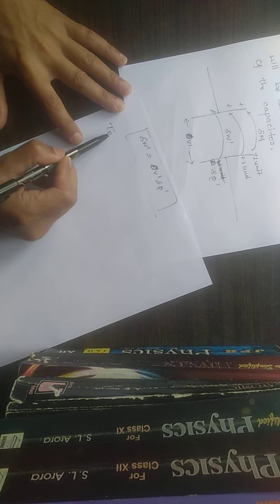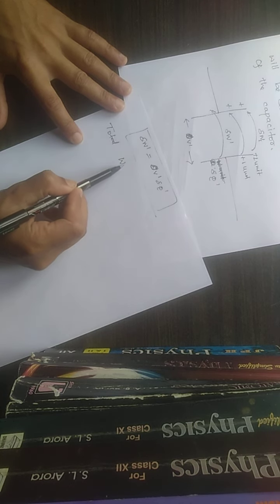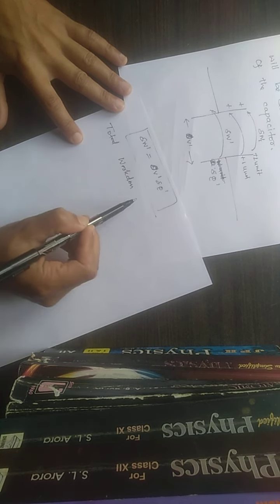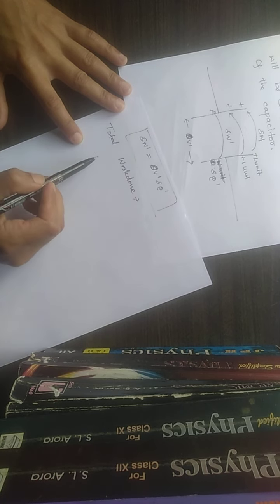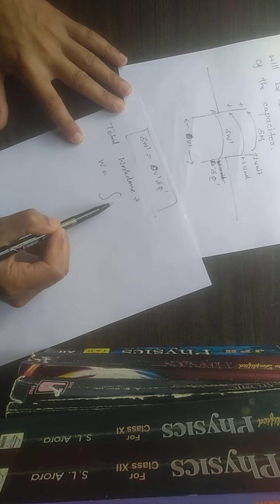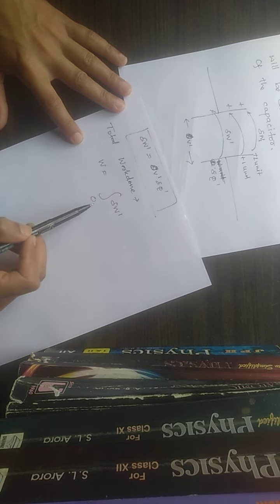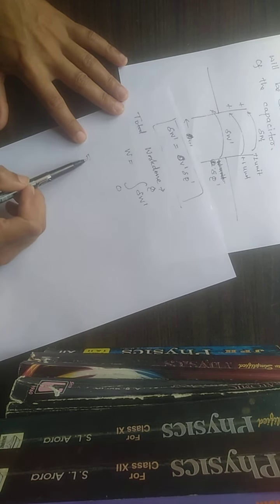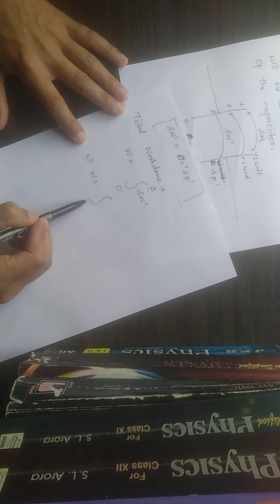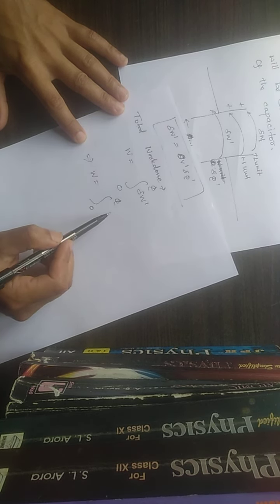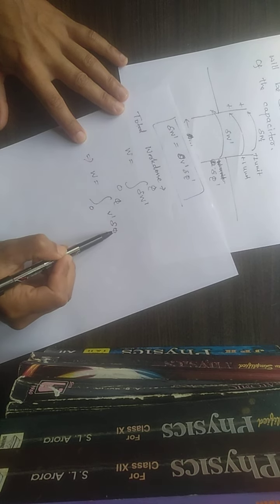Now the total work done will be W equals the integral of del W dash. Since you are making the configuration from 0 to Q, W equals the integral from 0 to Q of V dash del Q dash.